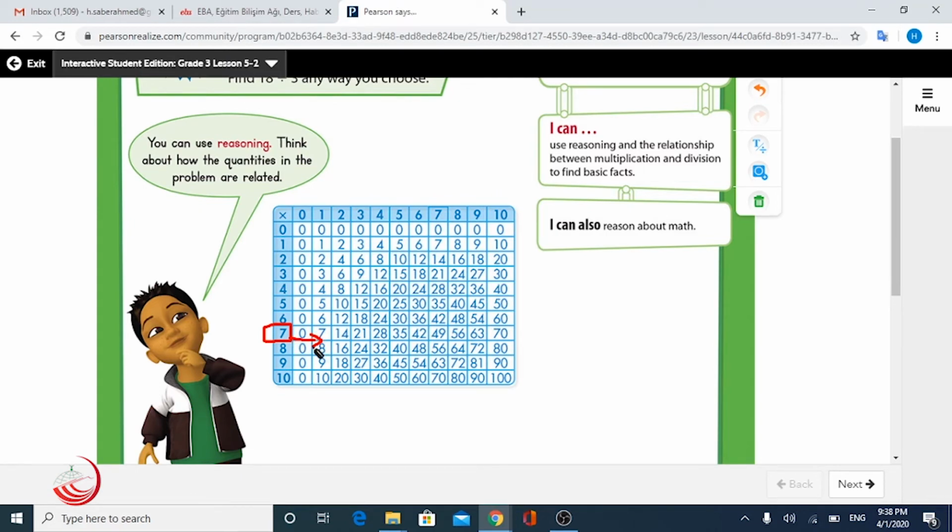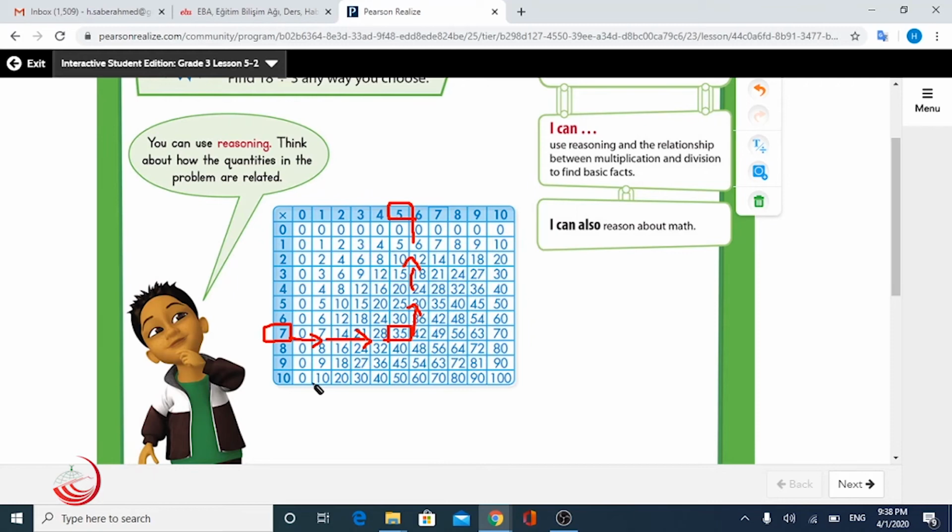Go with these arrows until I find 35. Then once I found 35, I will go up in the same column. Oh, this is 5.